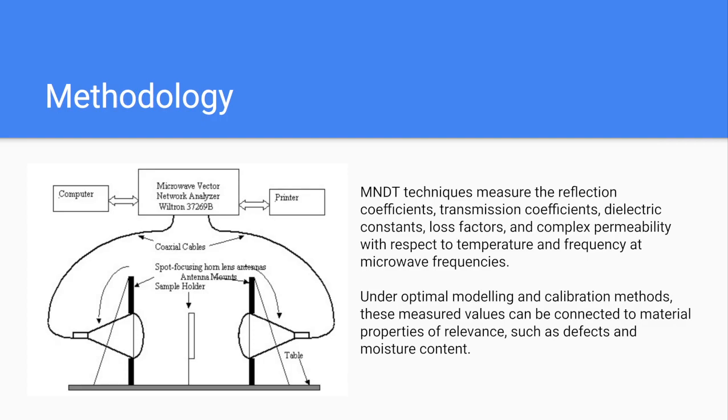Usually, we put the sample in a perspex casing, and we beam microwaves from the transmitter, and the receiver picks up the S parameter readings. When the transmitter beams the microwaves, it goes through the sample and it gets picked up by the receiver. And from here, we can obtain S parameters.